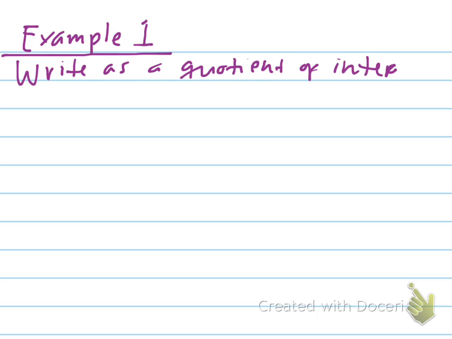So example 1 tells you to write as a quotient of integers the following. Which basically means, as you know from reading the notes that I sent you, write it in fraction form. So if you were given -1 4/5, that's called a mixed number. It's not quite a quotient just yet.